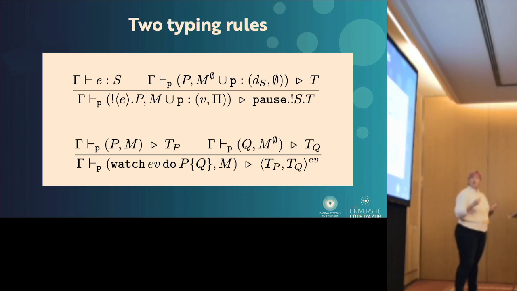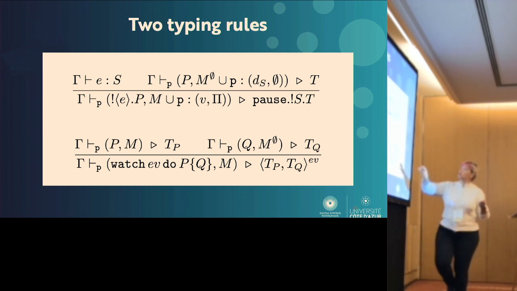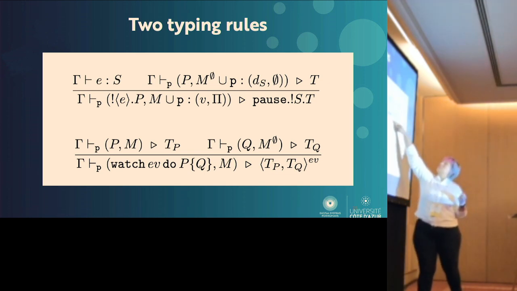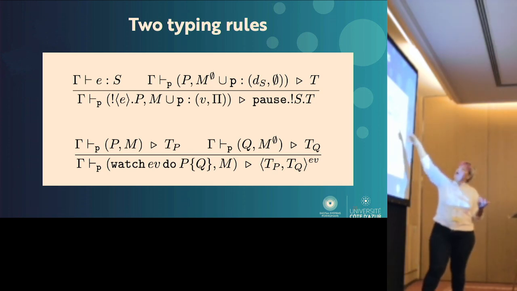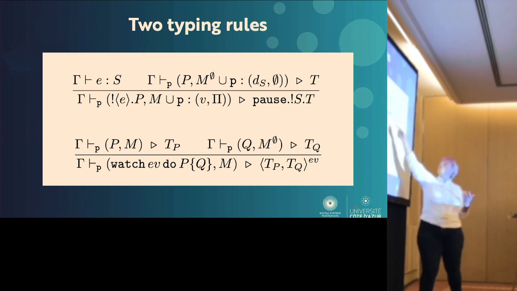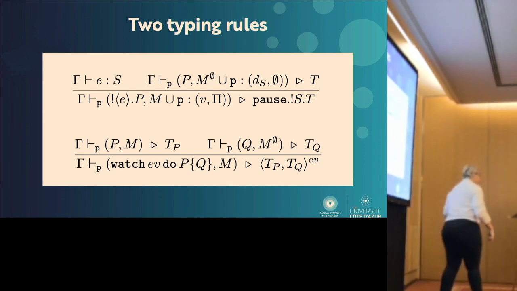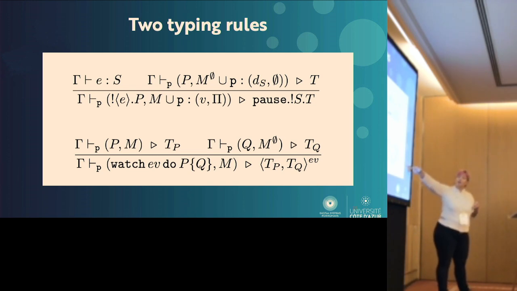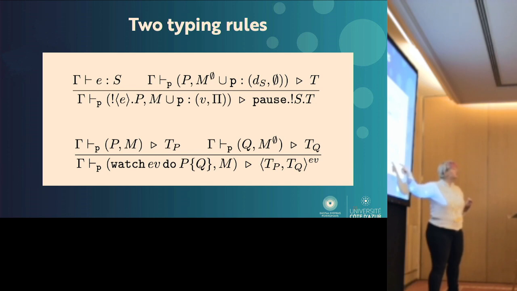So to type this, the usual thing would be to have just the usual type: send a message of type S and then proceed with the following. And since we have already sent something, we need to add a pause on top. Concerning the watch operation, we just type the two branches, and then we record the fact that we have this alternative behavior in the type. We record this event here just to prove subject reduction later.